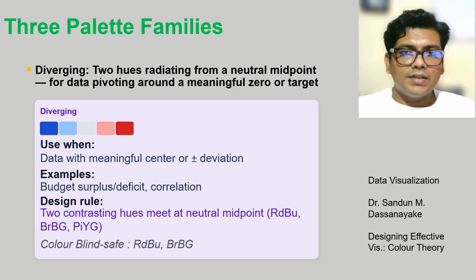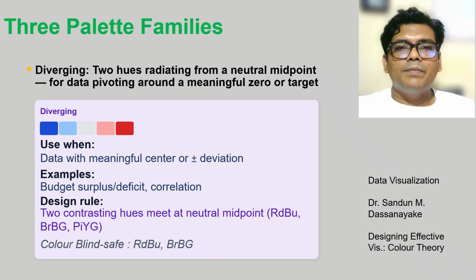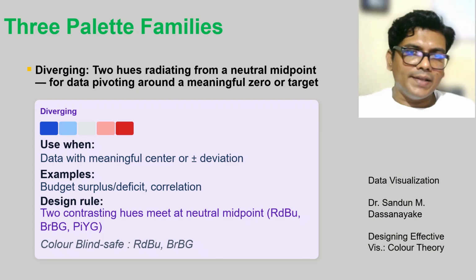The design structure is two contrasting hues, two contrasting colors, say red and blue, that radiate outward from a perceptually neutral midpoint, typically a light gray or white.